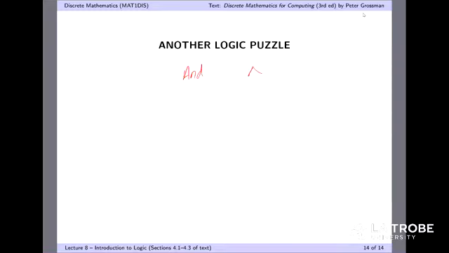Mm-hmm. And what's the connective for NOT? Connective for OR? Is that right? Yeah. If-then? And if and only if would be both ways. Yeah? Okay.